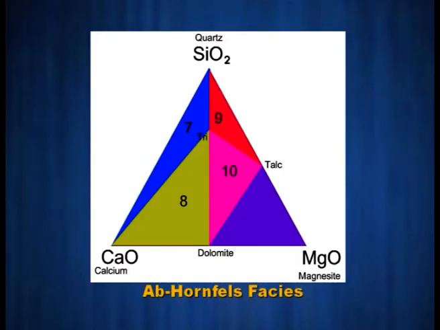Another important thing is the calcareous assemblage. We can see the calcareous assemblage which is usually present in albite epidote Hornfels facies. Please see on the screen the diagram where we can see calcite, dolomite, tremolite; calcite, tremolite, quartz, which are very important.